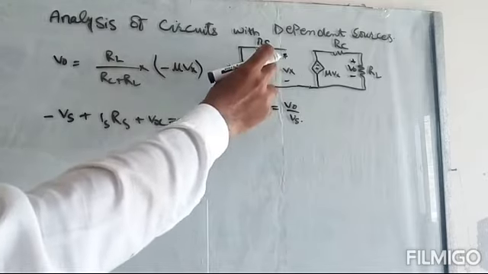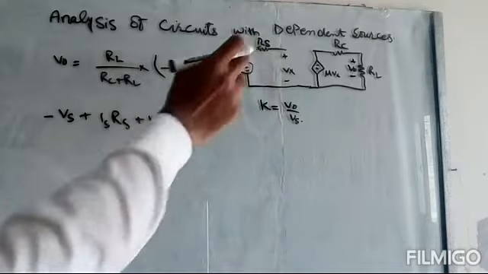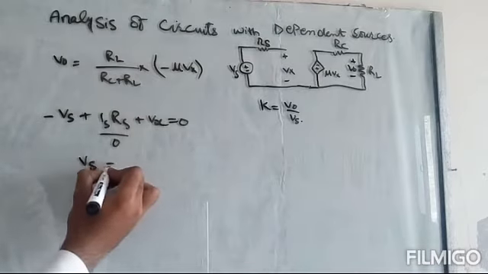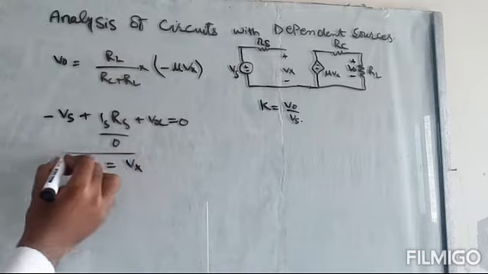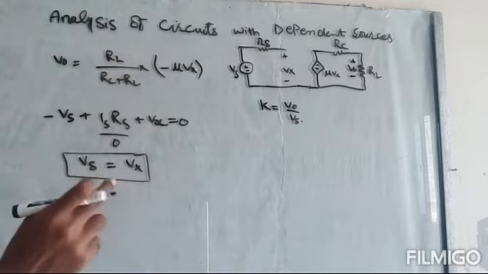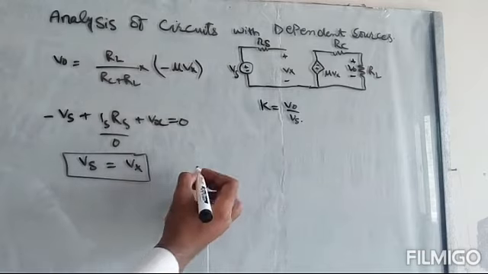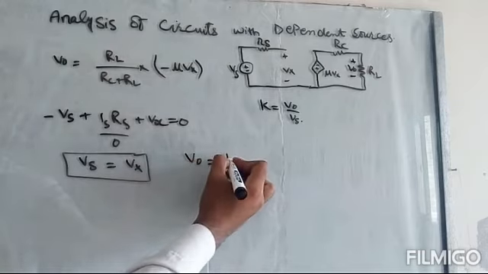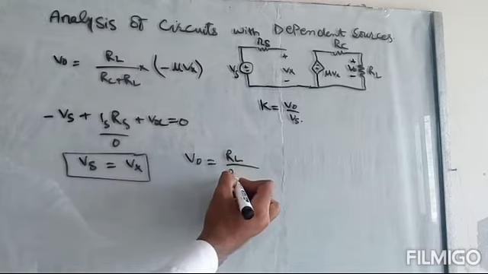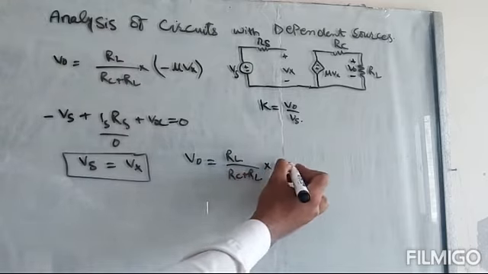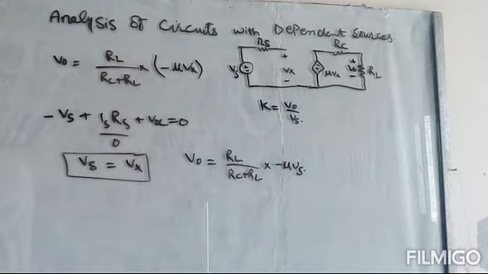Because this is an open circuit and no current is flowing through this resistance, this term will be equal to 0. So Vs will be equal to Vx. We can put this over here. So V0 will be equal to RL over RC plus RL, multiplied by minus mu Vs.